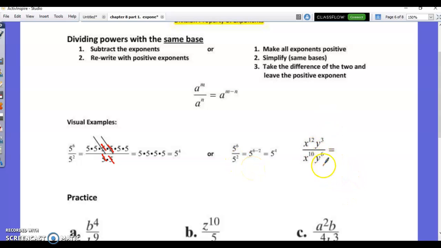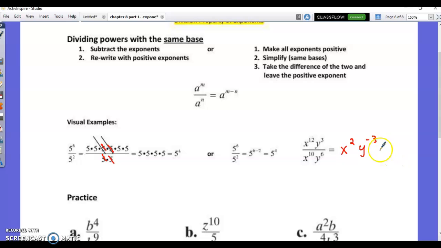But you can look at this example right here. I have x to the 12th times y to the 3rd divided by x to the 10th times y to the 6th. Well, these x's are the same base, so I can do 12 minus 10. So x to the 12 minus 10 is x squared. And here we have 3 minus 6. So y to the 3 minus 6 would be y to the negative 3.